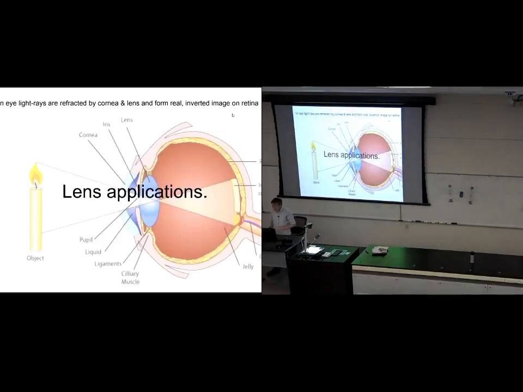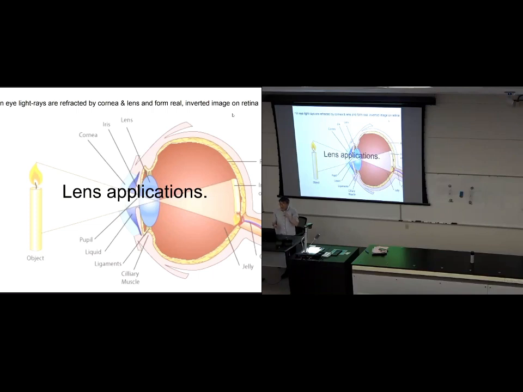Okay, I want to end up with at least one example. So we're going to talk about one example. This is a picture of one example: the eye. Eyes form an image of an object. That's how we see things.